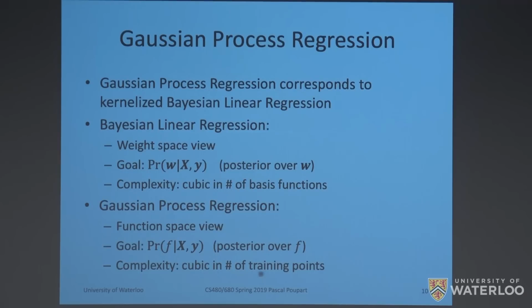Instead, it depends only on the amount of data. Now, if I'm in a big data regime, I must admit that the Gaussian process does not scale, because you would need complexity that is cubic in the amount of data, and then we've got a problem. So those two views have their pros and cons.